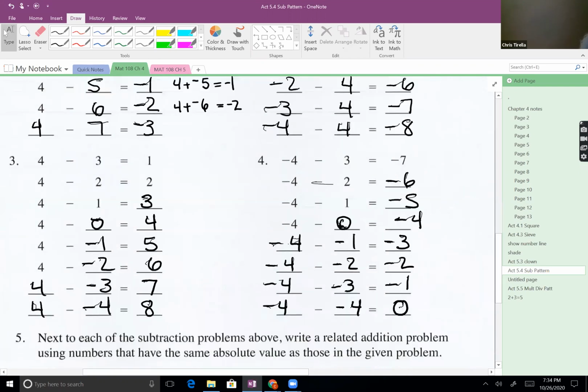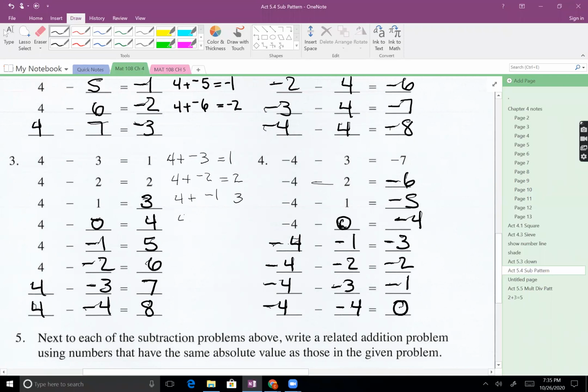How about with number 3? What would I add to 4 to get 1? -3. Beautiful. What would I add to 4 to get 2? -2. What would I add to 4 to get 3? -1.